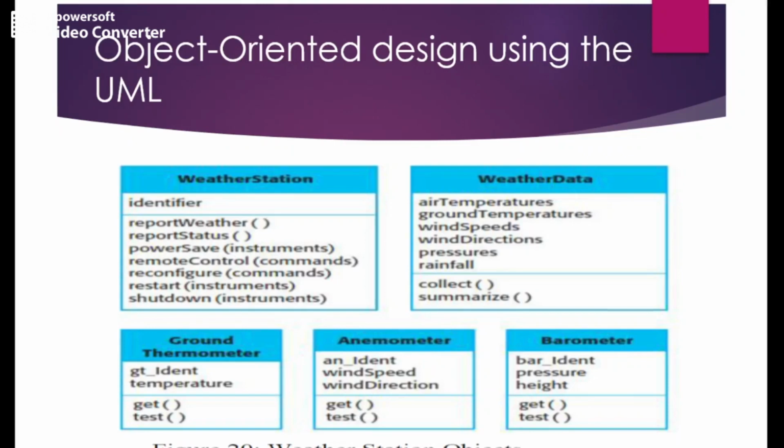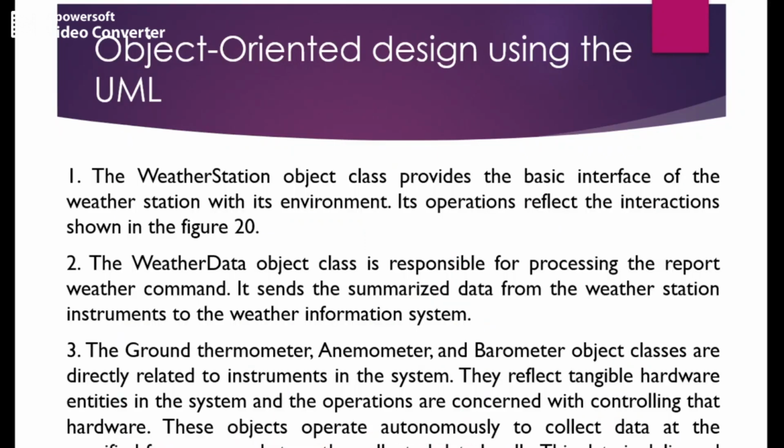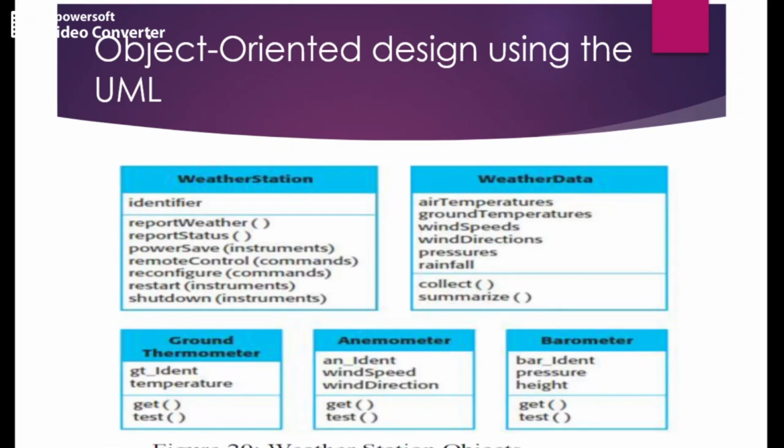So we have seen the different objects of the weather station. In detail, let us go through it. First point is the weather station object class, which provides the basic interface of the weather station with its environment. You can see the weather station object here.